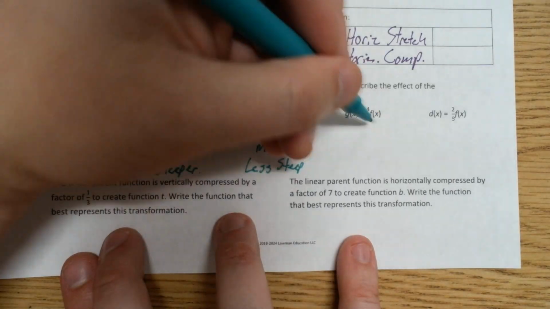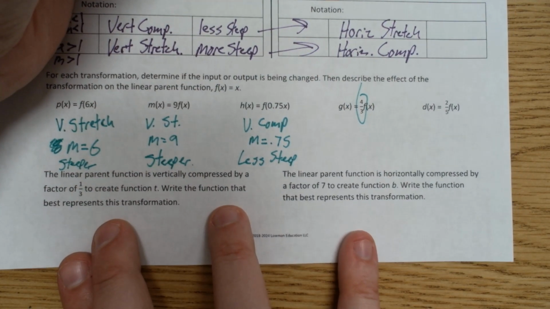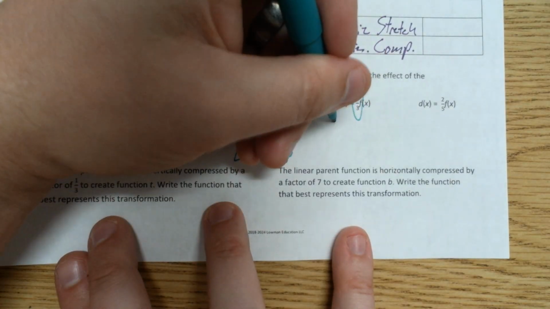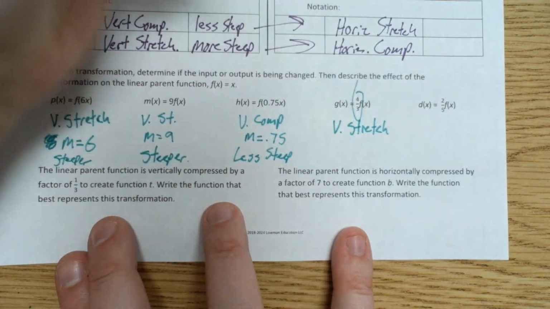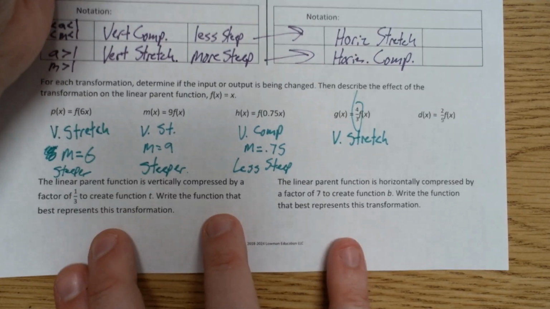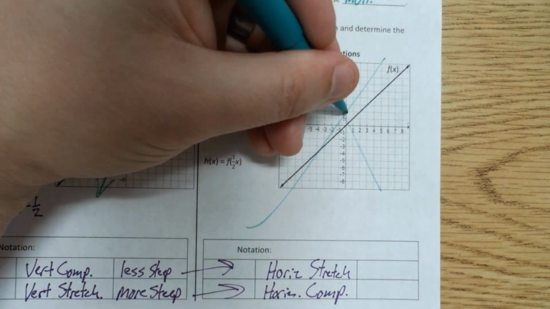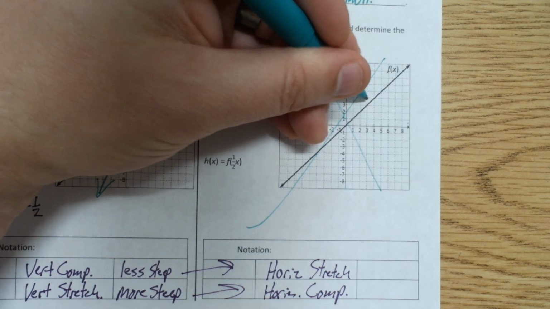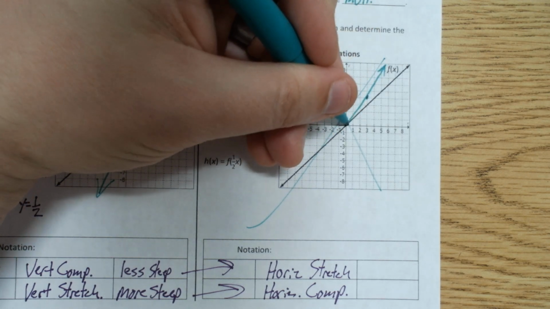We've got a fraction here, but notice that fraction's bigger than 1, so that's actually going to stretch it. If we did a slope of 4/3, we can use this up here. If I go up 4 to the right 3, it does stretch that just a little bit.